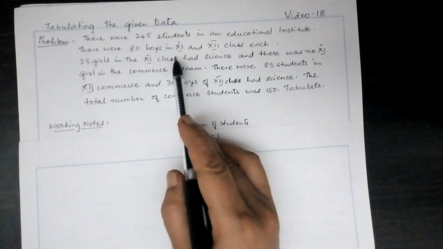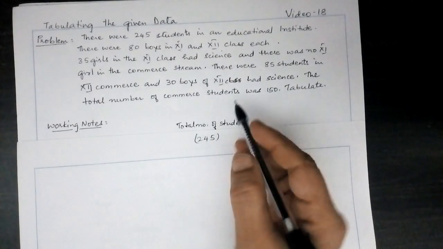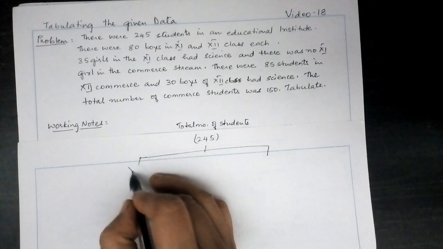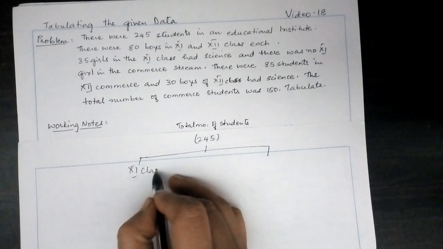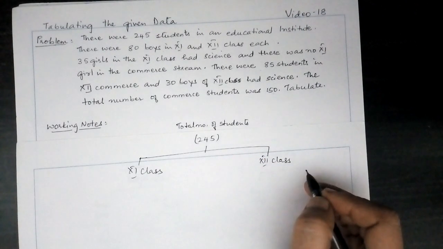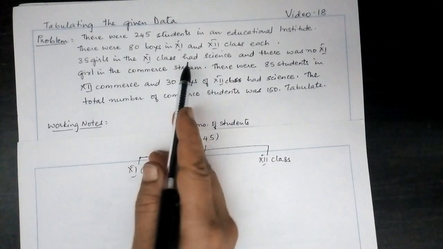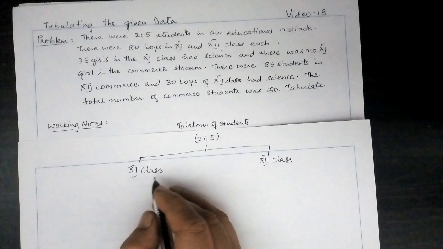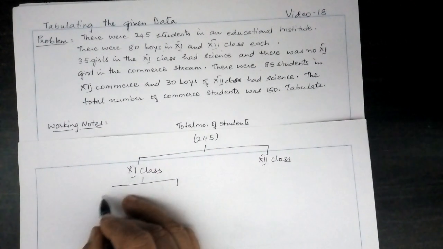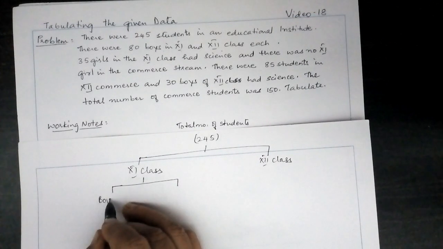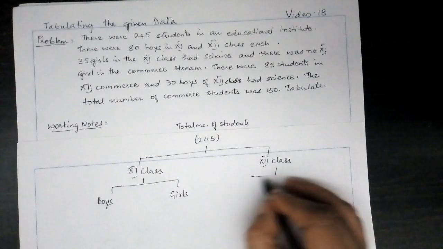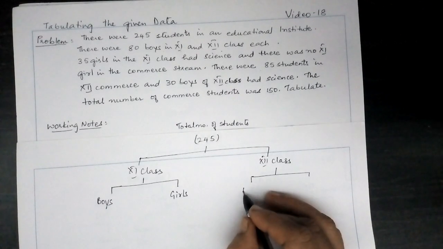Now there were 80 boys in 11th and 12th. So this total number of students is divided into 11th and 12th class. Let us say this is 11th class and here we have 12th class. Now 80 boys in 11th and 12th class each. So that means class is divided into boys and girls. We have data pertaining to number of boys and girls as well.